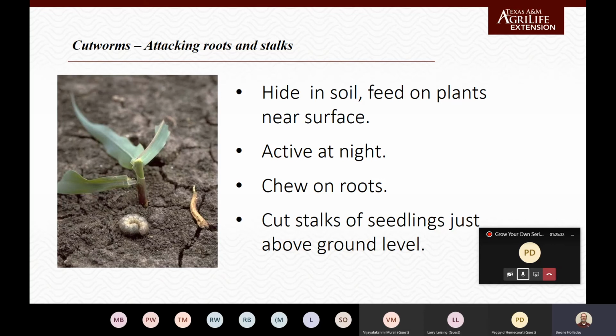So with these, we kind of need to know in scouting what we're looking for. If we see any early damage down towards the ground, either try to find these young cutworms and remove them, or again, we can use a BT based product down towards the base of these stems as a protective measure as they mature.